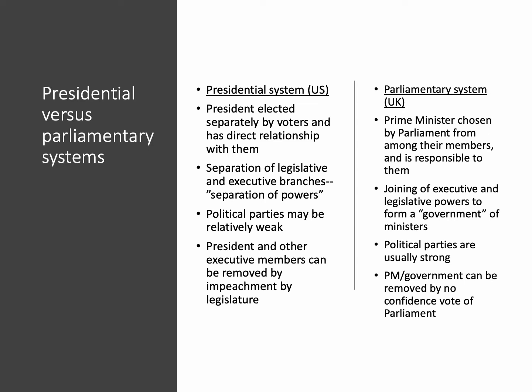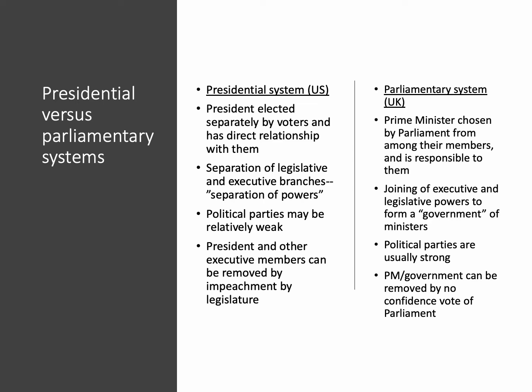So, what this means for us is that in a parliamentary system, you usually have strong political parties because they actually have the power not only to legislate, but they choose the executive. Whereas in a presidential system, the parties may not necessarily be that strong. And the Congress itself, the legislature, has a bit less power.